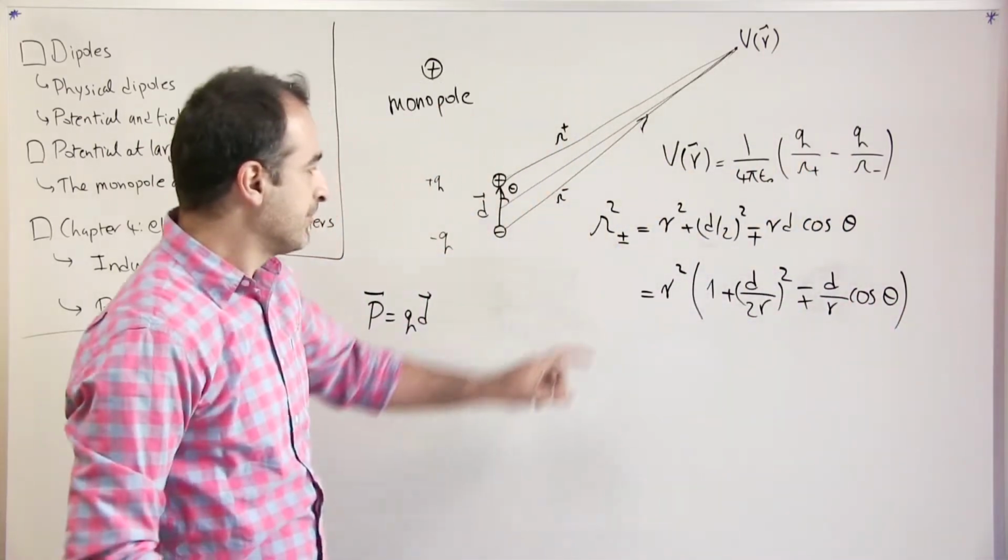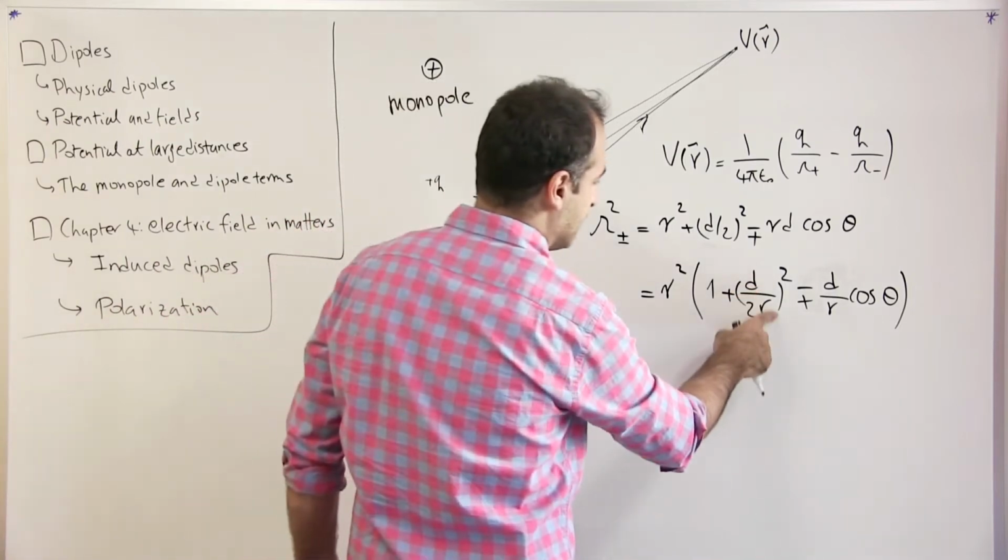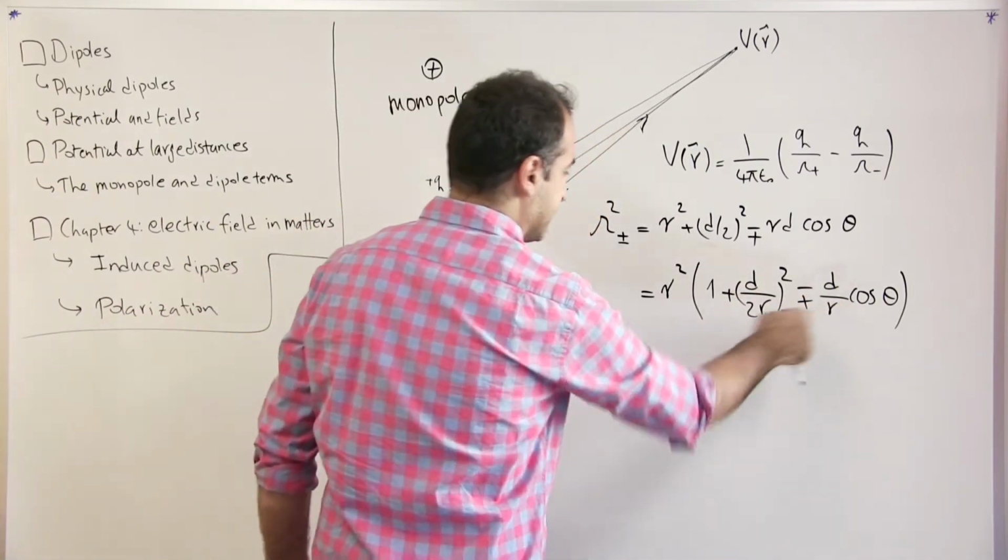Okay, so if you pull out R, you're going to get this one. And then the rest are the D over R terms that you have in the second and third.